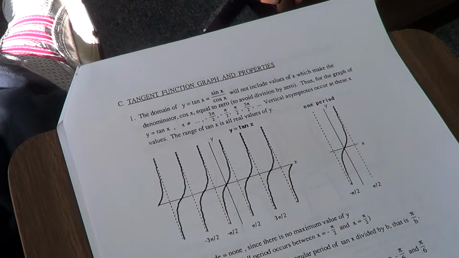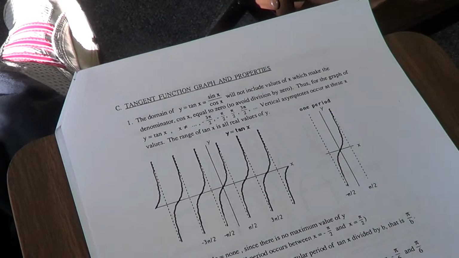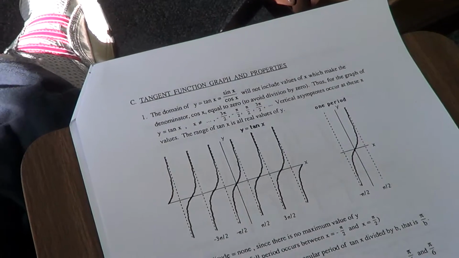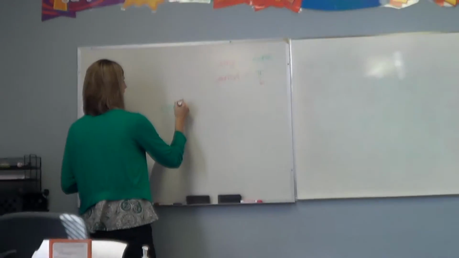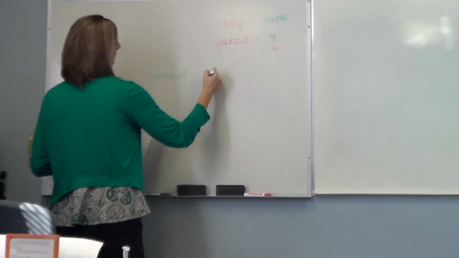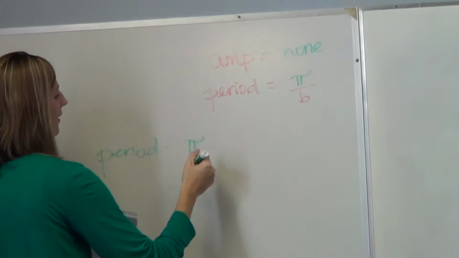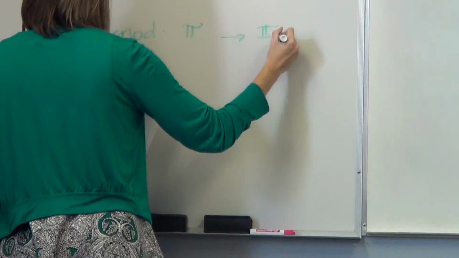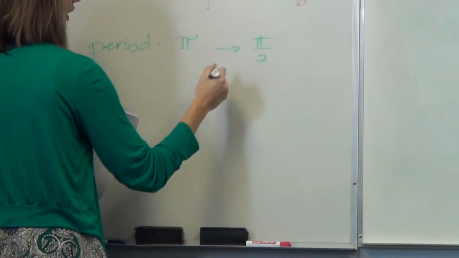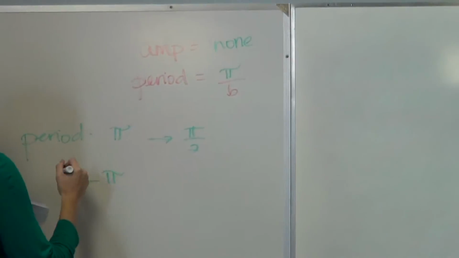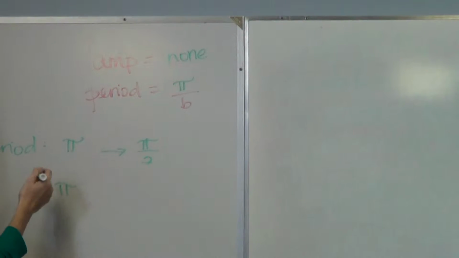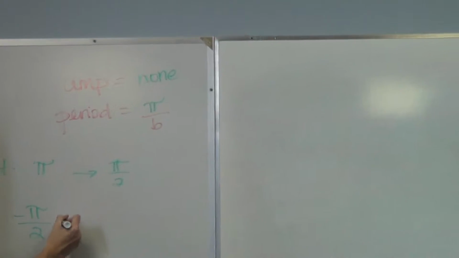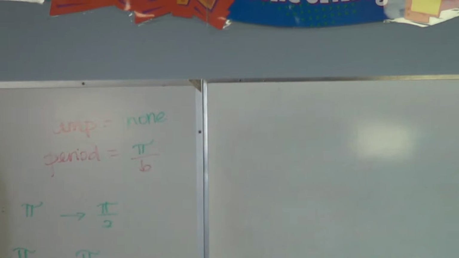Olivia? Kinda. So, okay, for the standard one, the period is pi. So we take that and divide it by 2. And then the period goes from -pi over 2 to +pi over 2.